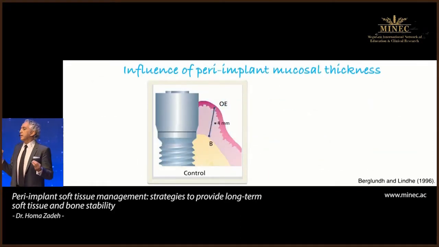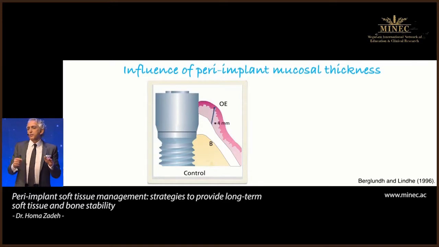Well, Professor Lindhe had done an experimental study in that way, where they placed implants in dogs, and these dogs naturally had about 4 millimeters of keratinized mucosa in thickness. So what they did was they kept the keratinization on the surface, and they thinned out the flap, so that in the experimental group, now they have very thin keratinized mucosa.